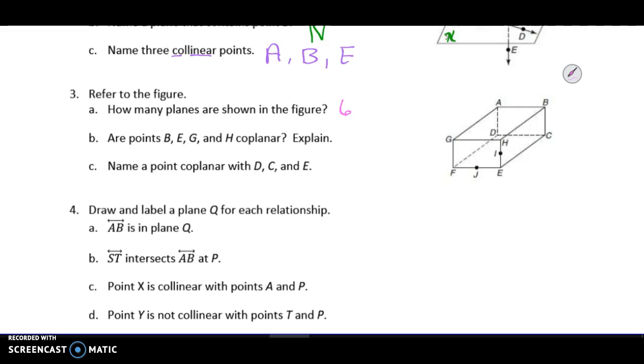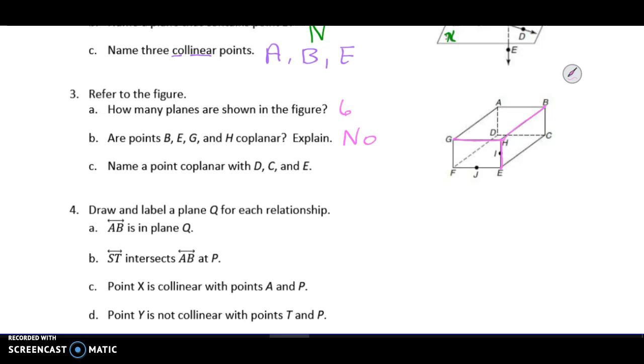Are the points B, E, G, and H coplanar? And explain. Again, to be coplanar, they have to be on the same plane or the same face of this picture. So think about where they are. B, E, G, and H. Do they all lie on the same face? Here I can see these 3 come together to make part of this face, but then B's over here on a different one.